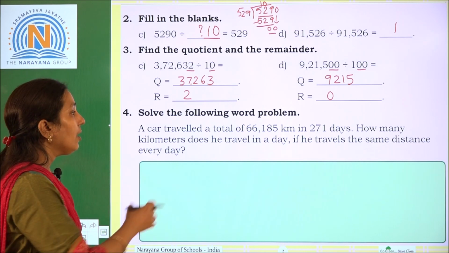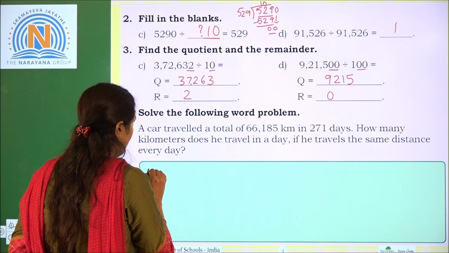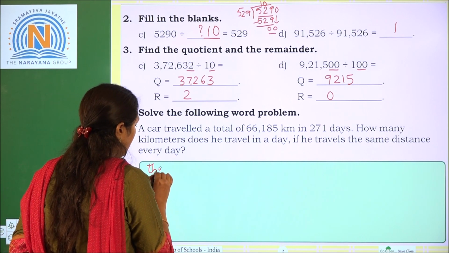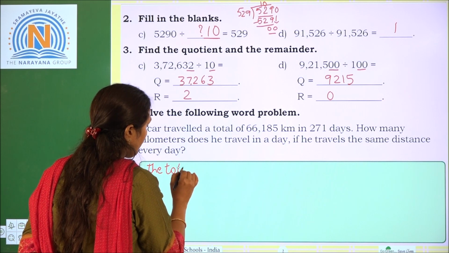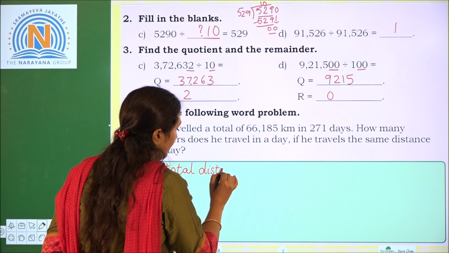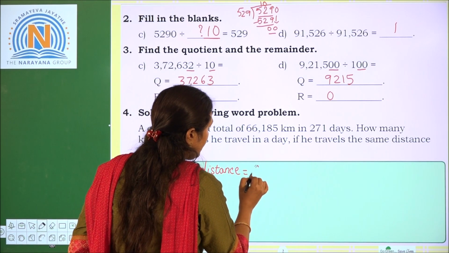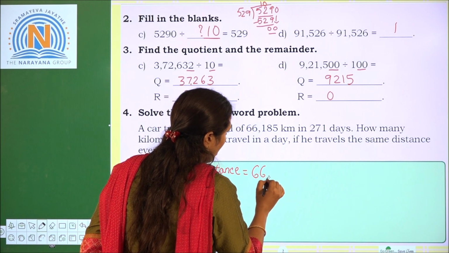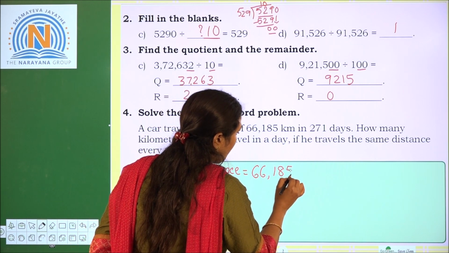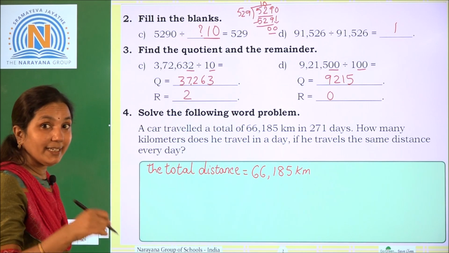Okay, children. How much total distance did he travel? The total distance is 66,185 kilometers. And how many days?